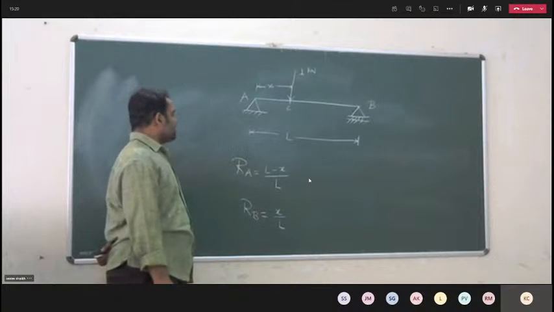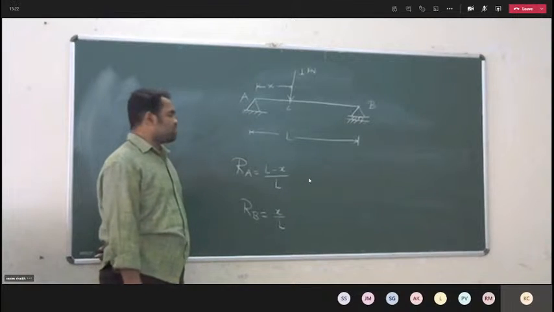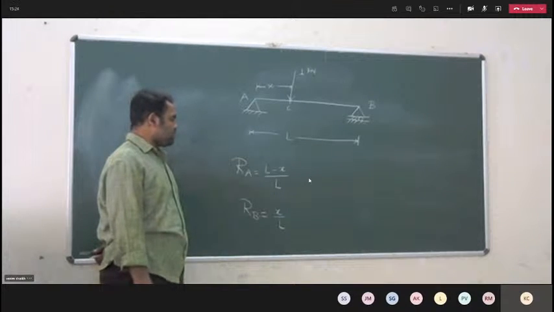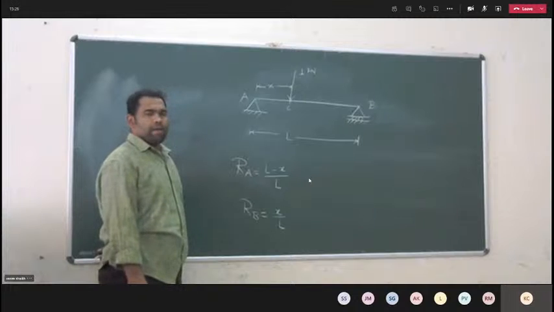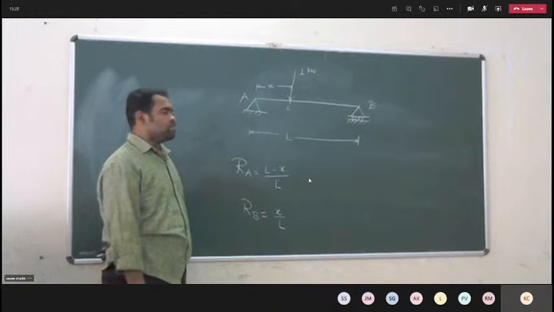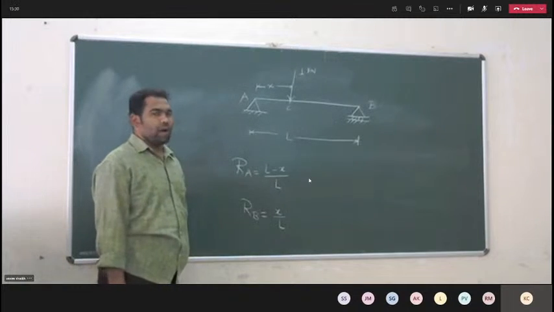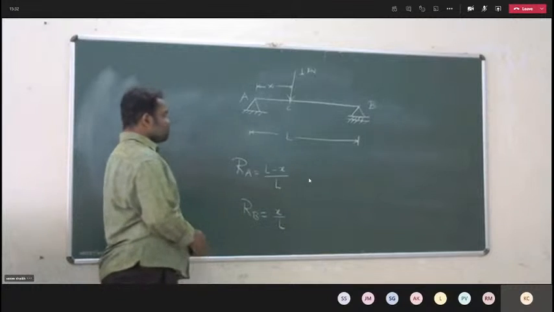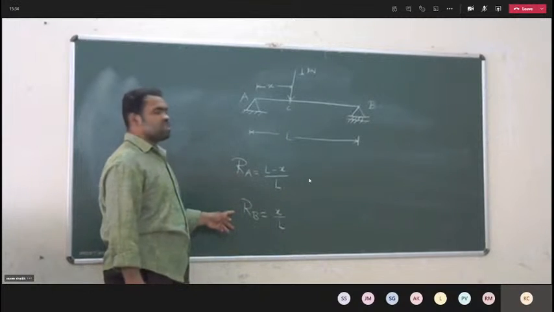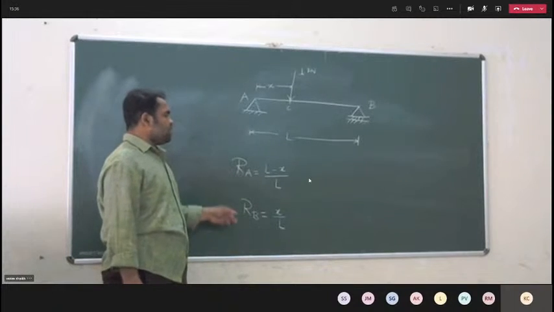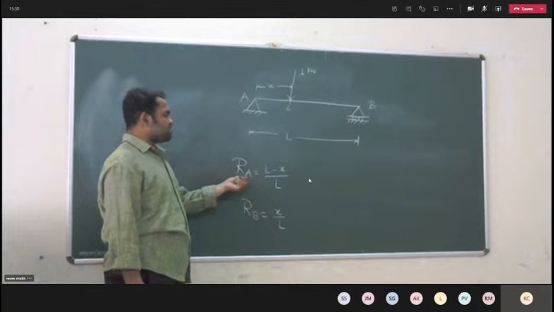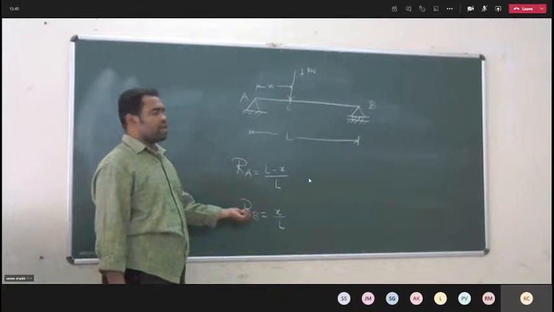I calculated RA equal to (L minus x) by L and RB equal to x by L by applying the equations of equilibrium, summation of F and summation of M. So remember these two values of reaction: RA is (L minus x) by L and RB is equal to x by L.